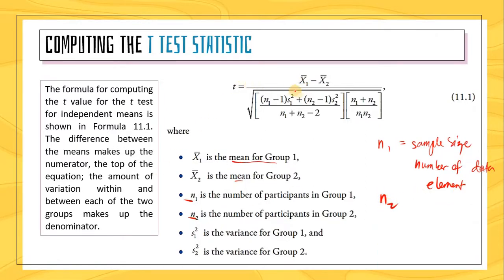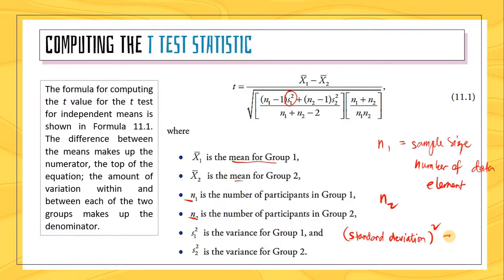Next, what does this one represent? S sub 1 is the variance for group 1. S stands for standard deviation, and you just square it.